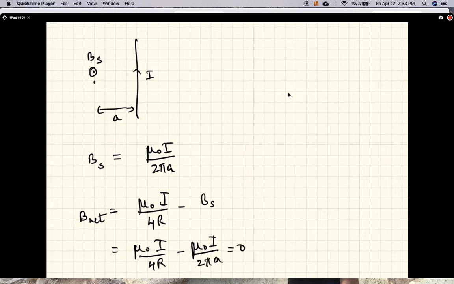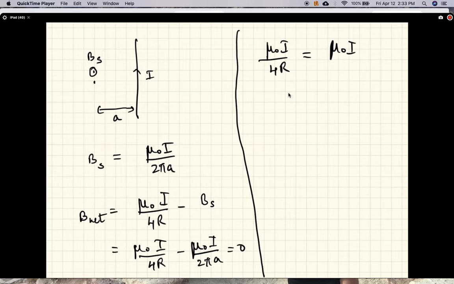You want this to be 0. So what we want is mu naught I by 4R equal to mu naught I by 2 pi a. So all this cancels. This is 2. So a is equal to 2R.